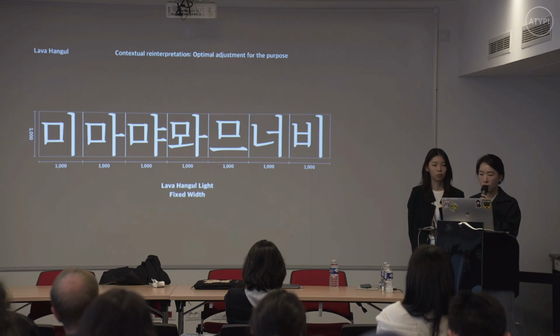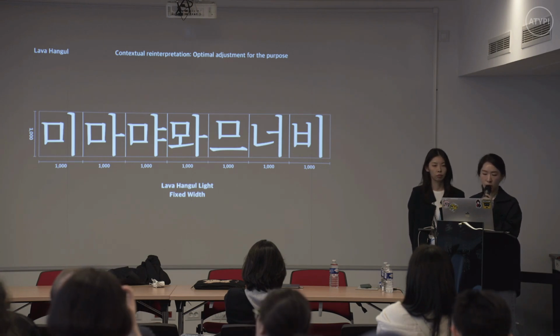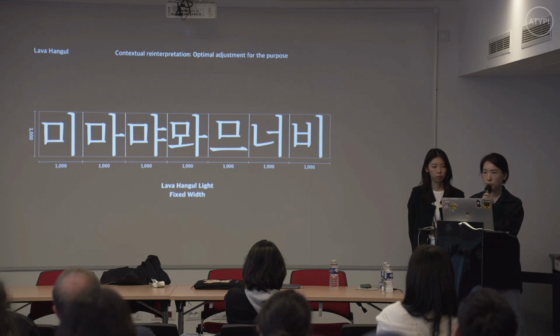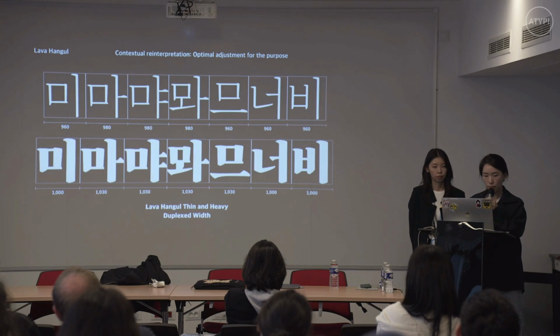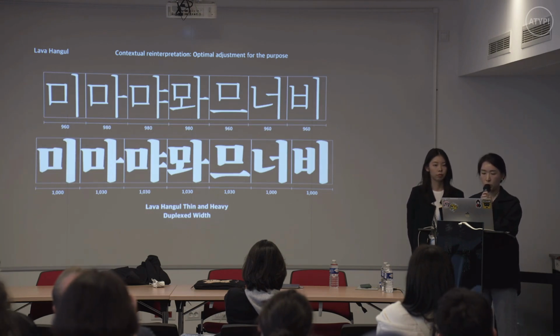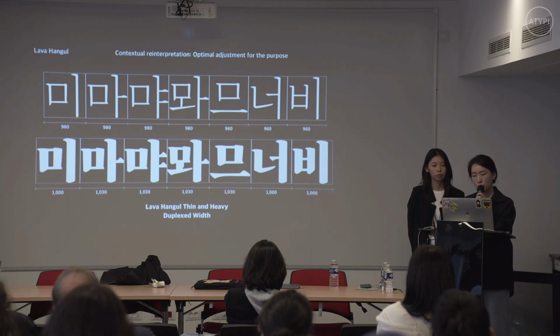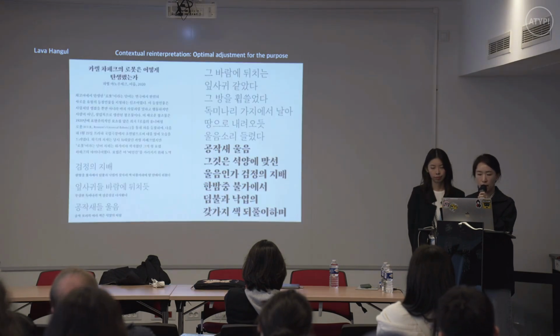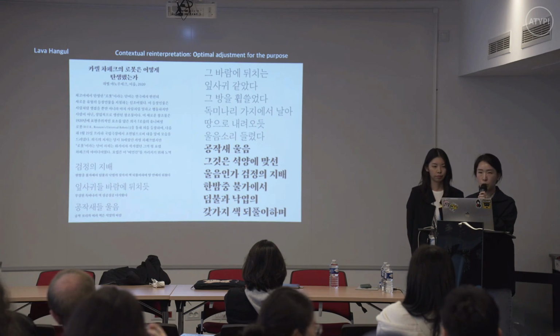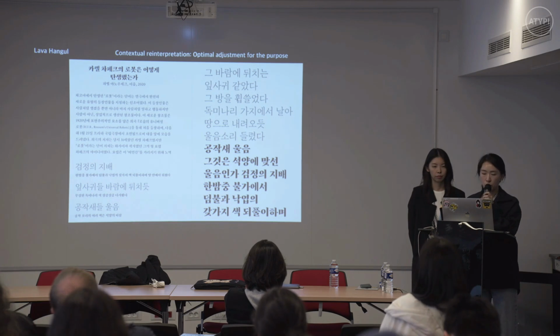In general, the majority of Hangul fonts are fixed width due to possible text usage. However, Lava focuses more on the homogeneous space of the other weights, so they have two groups of width like this. And this contributes to making a satisfactory result for each use case.